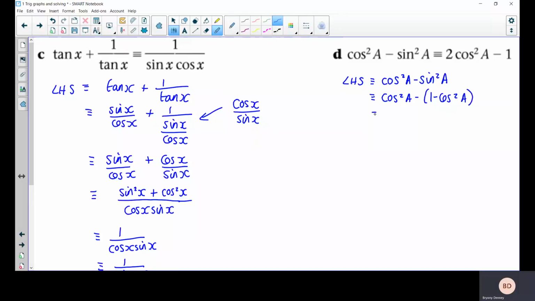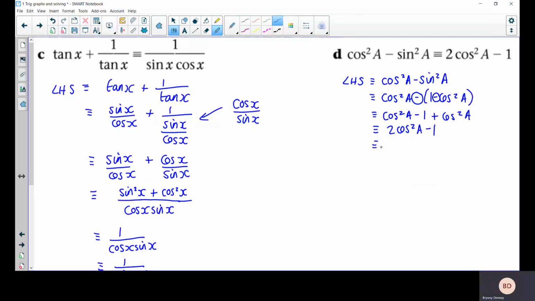And just sorting that out, I'll have cos squared a minus 1 and then cos squared a plus cos squared a. Okay, so I'll write that bit out. The minus with the minus will make it a plus cos squared a. And I can collect the two cos squared a's together.